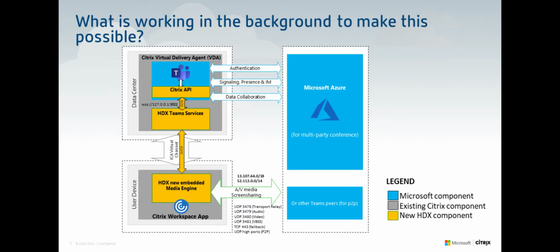Before, when you publish Teams on the VDA without optimization, all the traffic goes from the VDA to the Microsoft Office 365 servers. But now, since we are decoupling the media engine from the Teams application and installing it on the client machine in Workspace App, the RTP traffic, the media traffic, will flow from the user's machine directly to the other peer or to the Teams servers. Hence, there are networking requirements that you should revisit with your networking team.